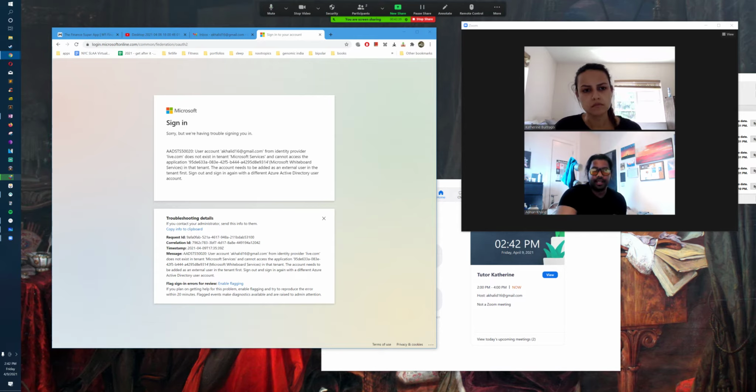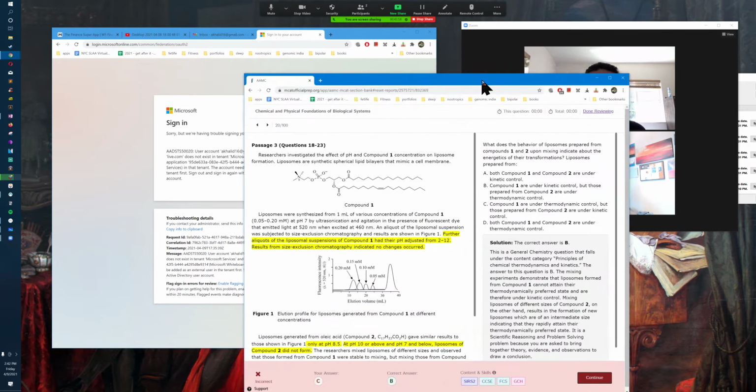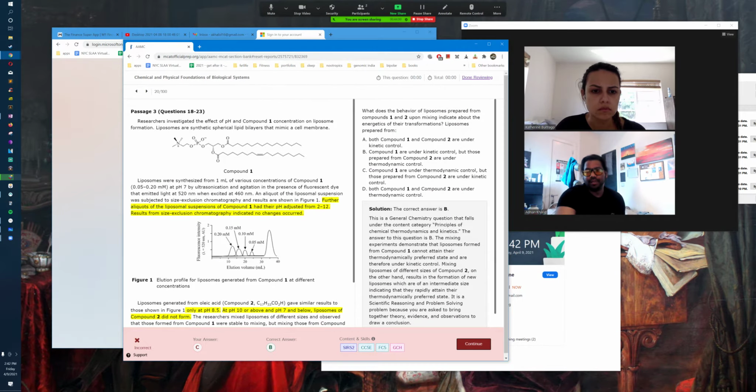For compound 1, if you mix them all, you get some of this, some of that, some of that, and some of that. Say for compound 2, these mix with each other to form one like that. If you mixed all these and formed one liposome, it would look like this. I mean, probably larger.